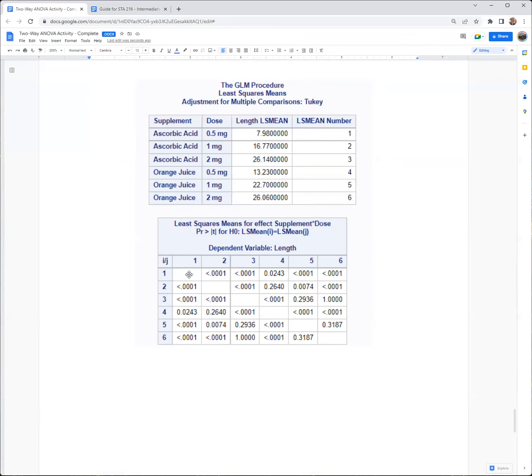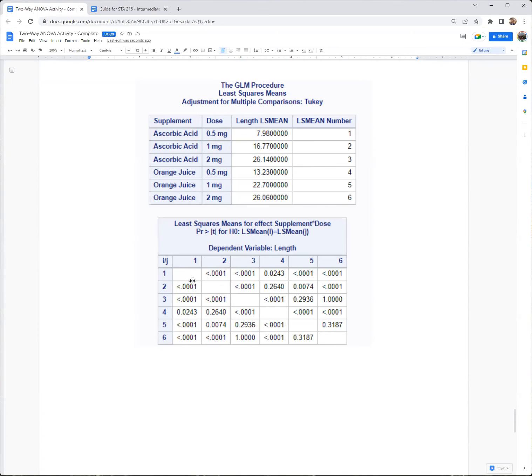Okay. And this matrix is what we call symmetric, in that the bottom triangular portion of the matrix is exactly the same as the upper triangular portion of the matrix. So we actually only need the bottom triangle half to see all results of the different comparisons.